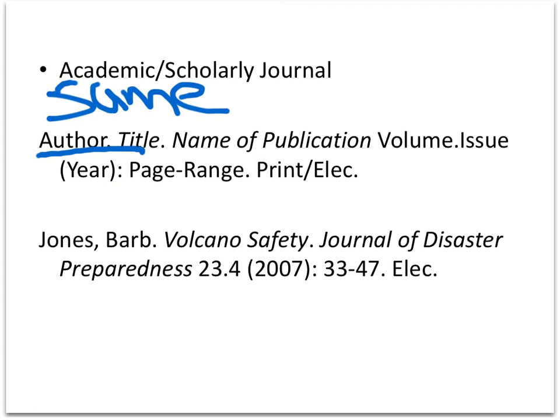Instead, the publication information will be a little bit different. After the author and title of the academic or scholarly journal article, we're going to include the name of the publication. The name of the publication is going to be the name of the journal that published this particular article.